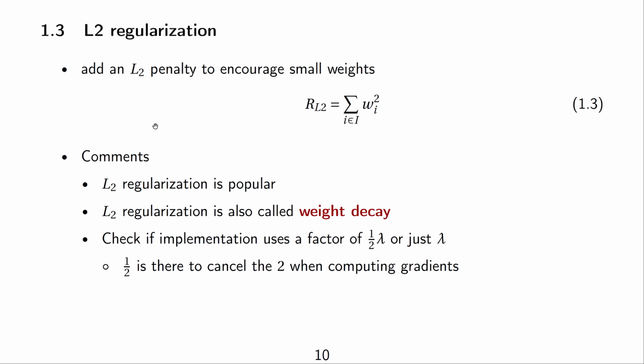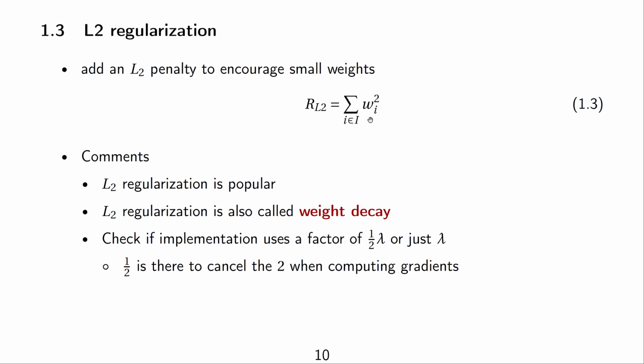Okay, so the first one is L2 regularization, where we have the parameters we want to regularize. And so what we do is we sum up over all the parameters and we square them. If you think of all the weight parameters that you want to regularize arranged in a vector, then this would be the 2-norm squared of that vector.